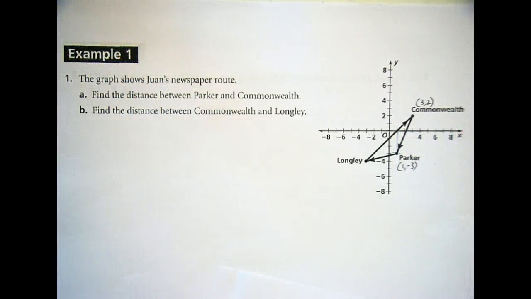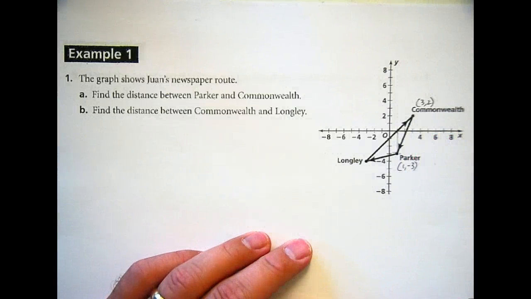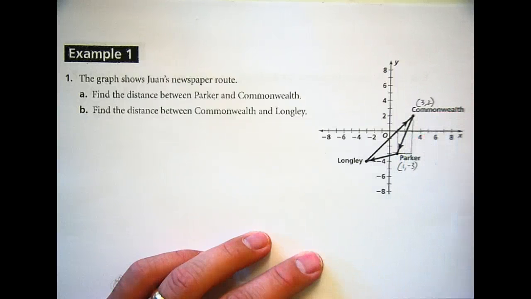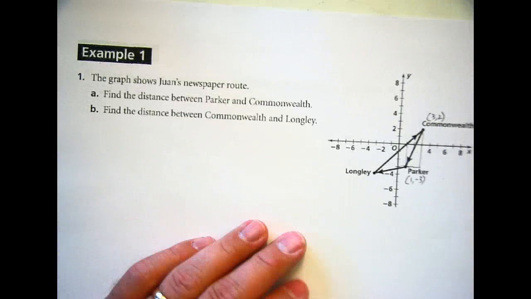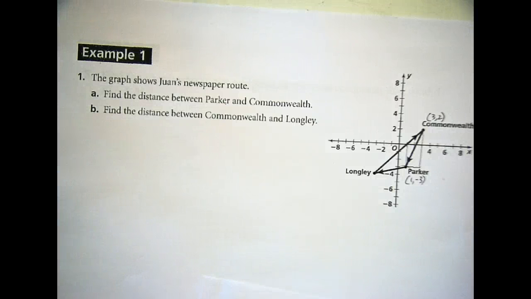Yeah. Did anyone think about doing the Pythagorean theorem? Is that what you're thinking? Okay, yeah. You can also do the Pythagorean theorem. If you wanted to make a right triangle, you could go that route. Remember, distance formula and Pythagorean theorem kind of work the same. The distance formula is taken from the Pythagorean theorem.